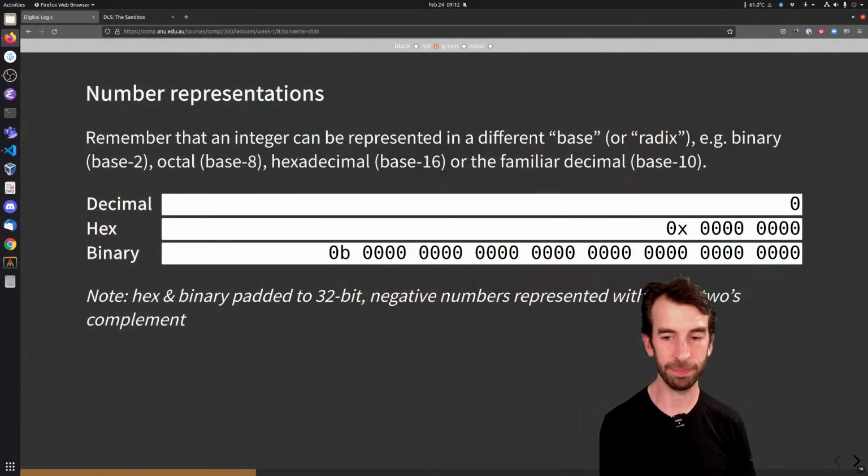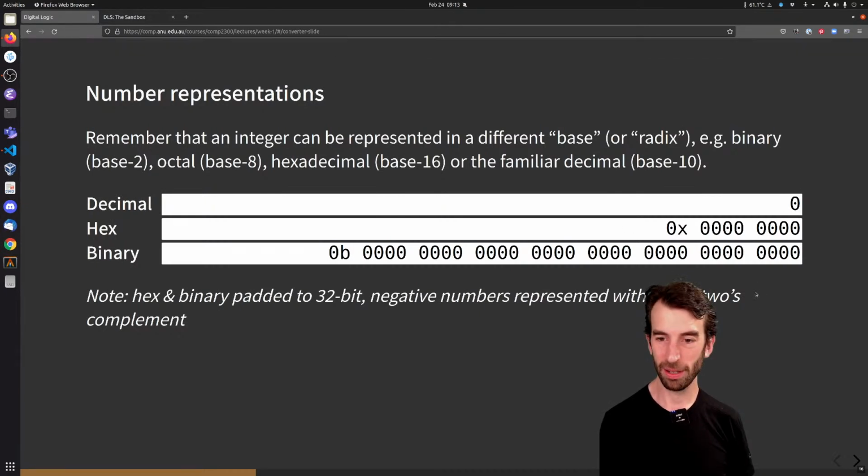We had this little widget which was talking about our number representations, and I started to hint at the fact that we would be spending a little bit more time looking at binary and hex representations, and particularly just making things simple. Let's just look at 4 bits at a time, a 4-bit number goes between 0 and 15.